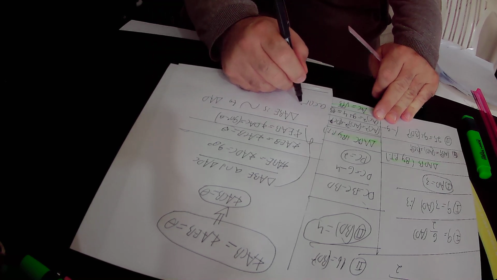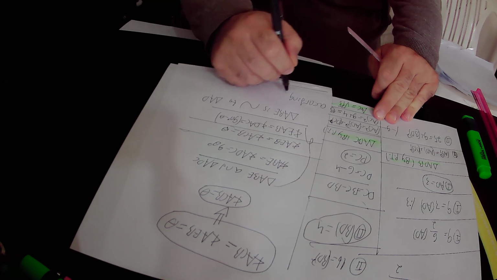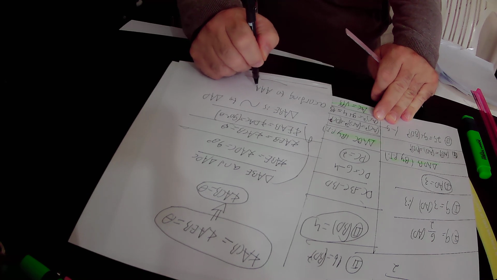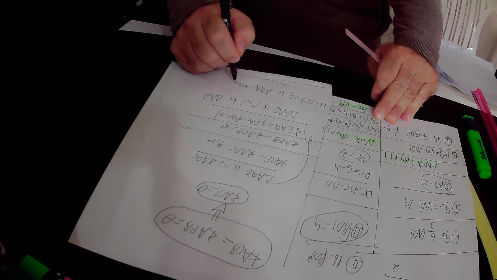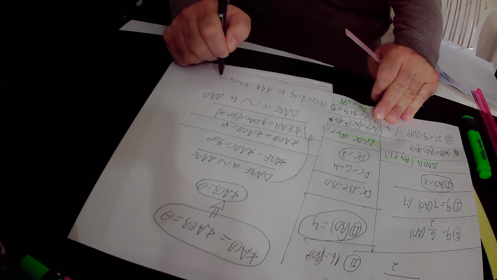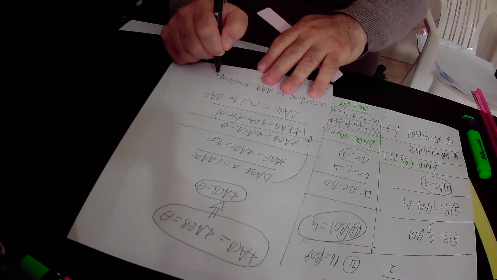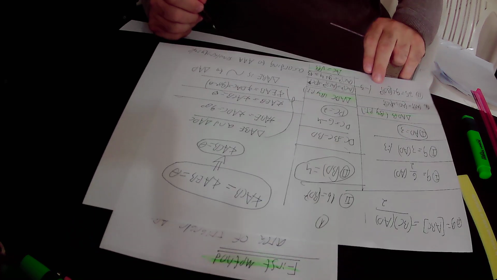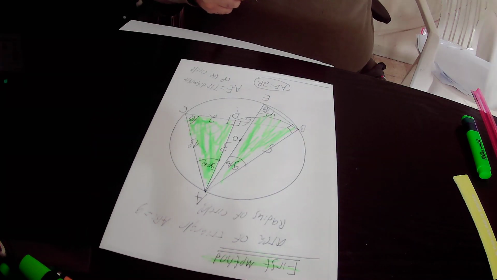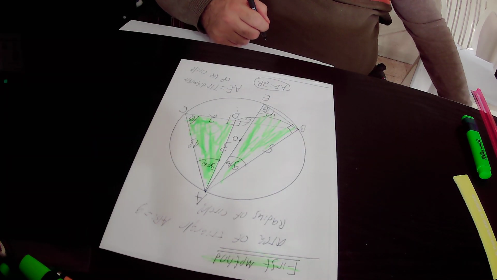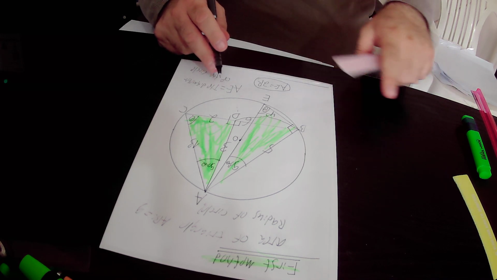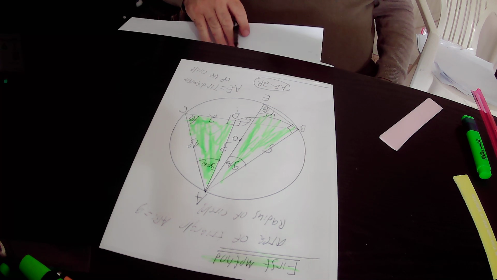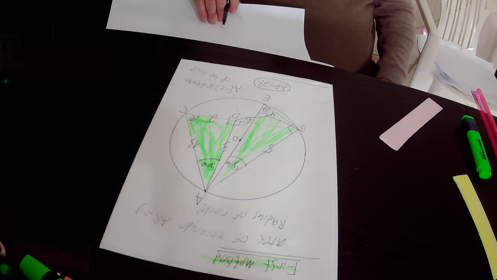according to the angle similarity rule. Okay, and from the fact that those two triangles are similar to each other, we conclude that the following equation is true.